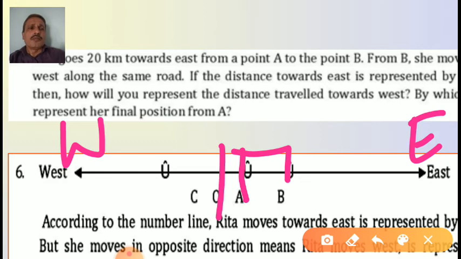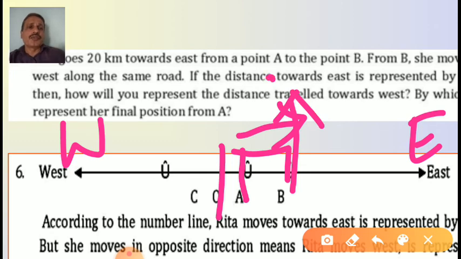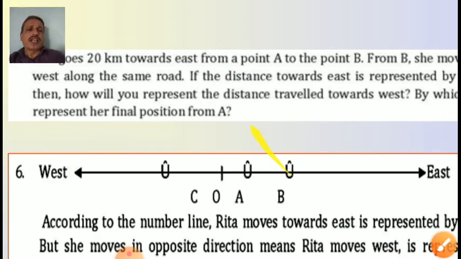Yes. Now from B, how much distance is traveled? The difference is that the first time she moves in the east direction, and then the second time, when she reaches here, she starts in the west direction. So she will come back, in the opposite direction, and reach point C. Suppose that point is C. How much is the travel distance? Let's see.